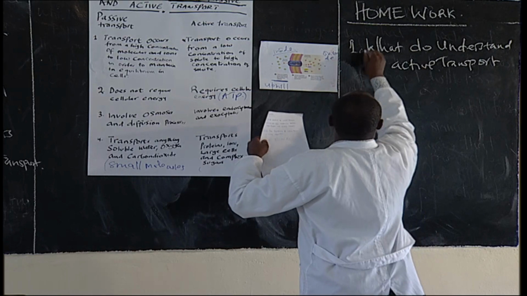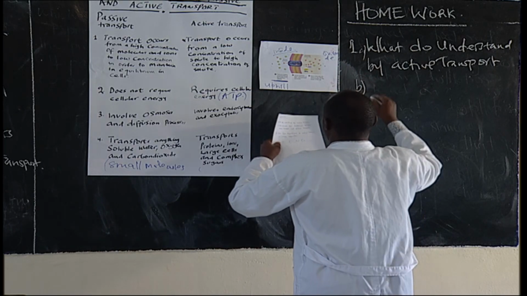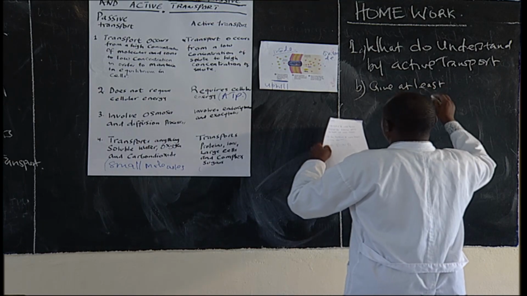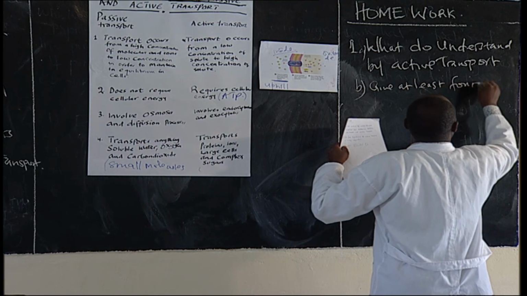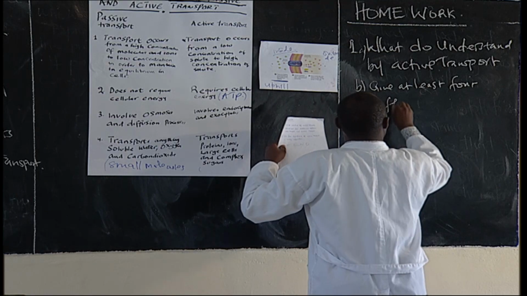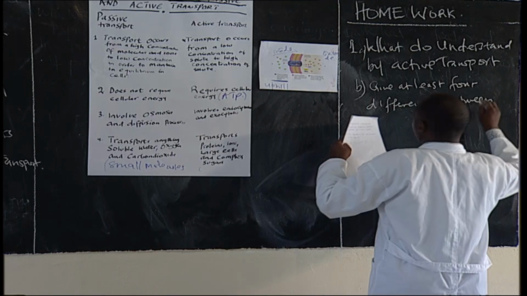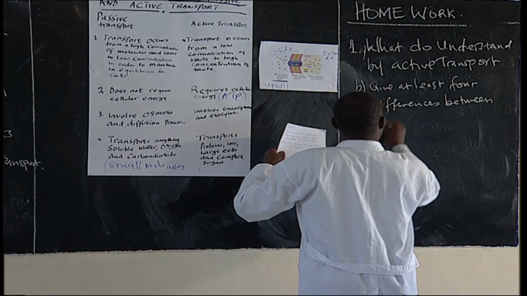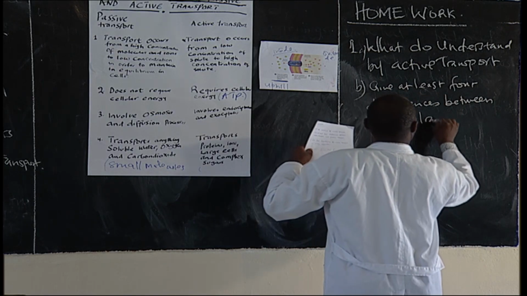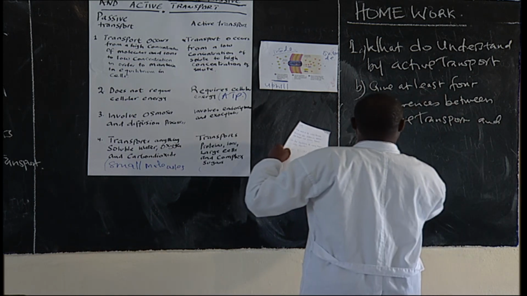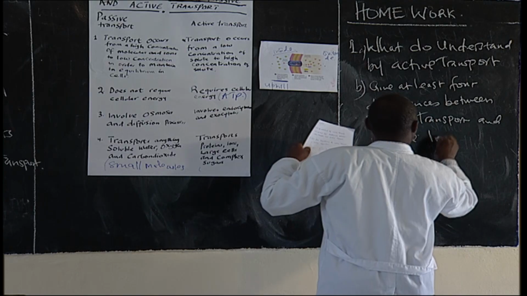Number 2, that is A. Then B: give at least 4 differences between passive transport and active transport.